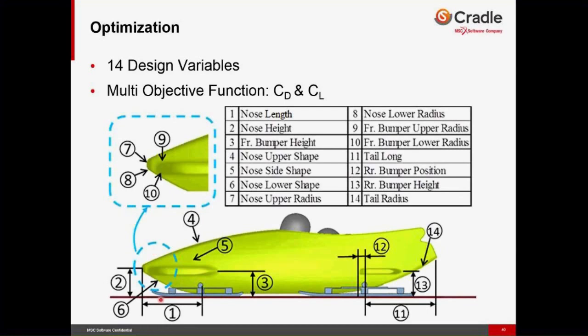So you can see there are different sections which we parameterize to come up with so many different combinations. The objective of the optimization is to reduce the drag while increasing the lift, actually downforce. So it's not really a lift, but downforce. So that was the objective. Because there are two objectives, it's called multi-objective optimization.